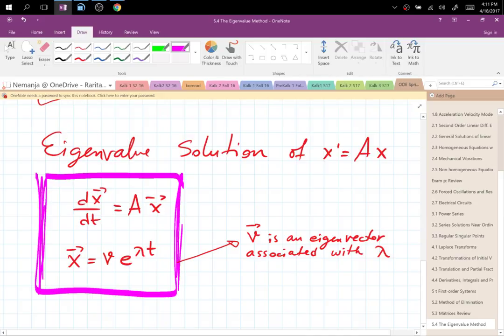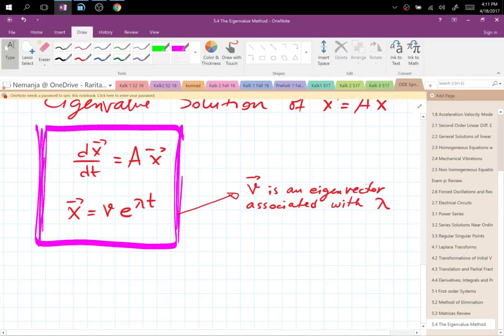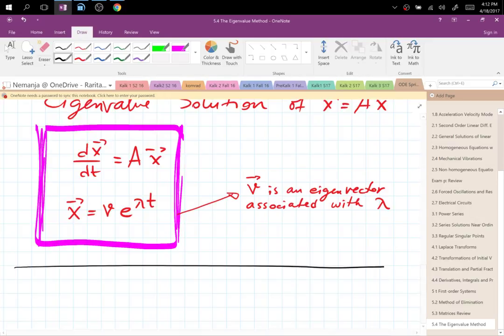So this is what we want. Let's see how it's used. I'll solve, I guess, maybe two 2x2 examples and then one 3x3. That should be sufficient, right? So let's go.